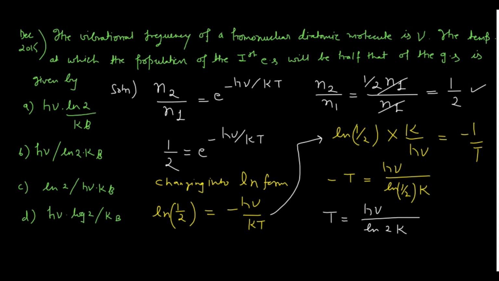So h nu is there, over ln 2 of k. K or kB are both the same thing, the distribution coefficient. So this is your correct answer. That means option B is the correct answer in that case. I hope you understood the problem. Now moving to the next problem, what does it say?